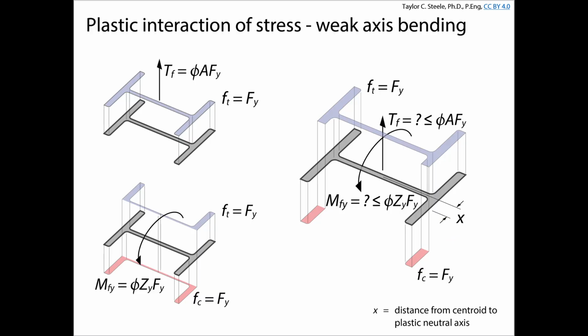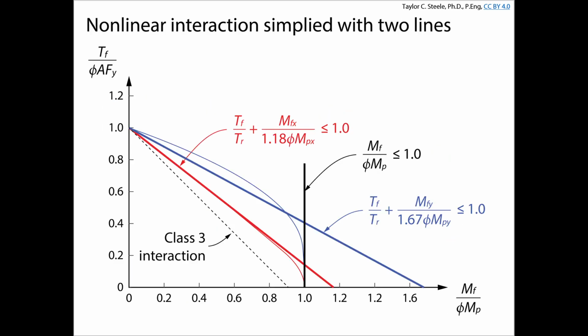Same thing with weak axis bending. If we do that, for strong axis bending, plot the pairs of tension on the y-axis with moment on the x-axis, we no longer get a linear line. That corresponds to the elastic superposition of bending normal stresses and tensile normal stresses.